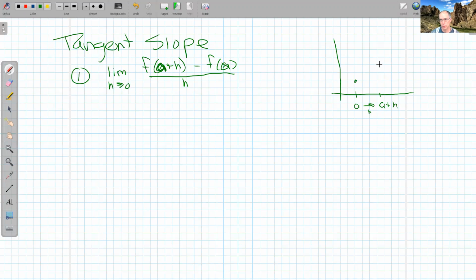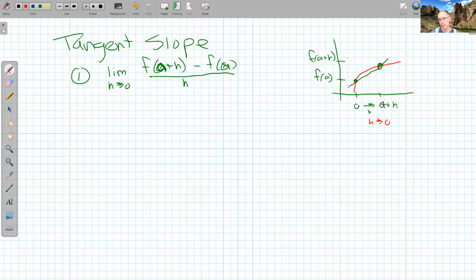And then that's related to these 2 points, where the y values are f of a and f of a plus h. And so we're trying to find the slope of that line. And we have some curvy thing going through there. Maybe it looks like that this time. And what we want to do is we want that h to go to 0. Let h go to 0 there.